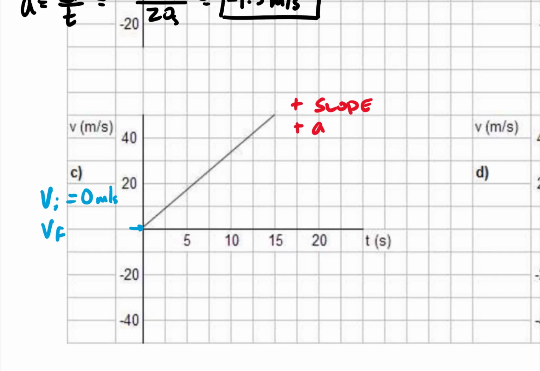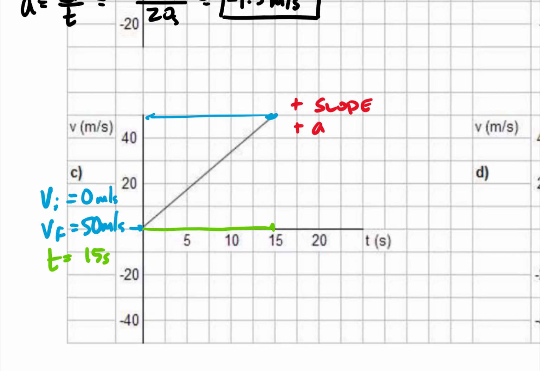And then when we end, final velocity is way up here. That's 50 meters per second. The time that this whole thing takes place in is all the way out to here, 15 seconds.